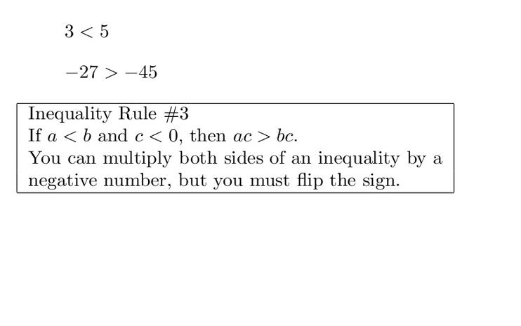I'm going to underline must because it's pretty important. So if you have a is less than b and c is a negative number, you can multiply a and b by c, but then you have to flip it from a less than to a greater than.